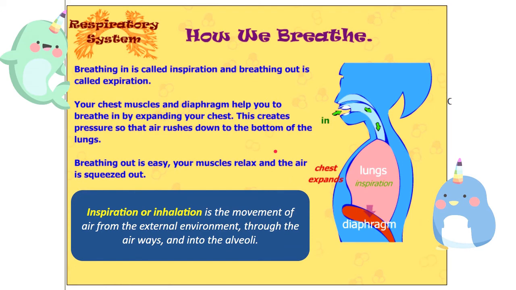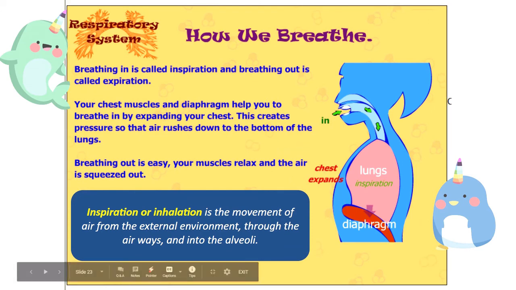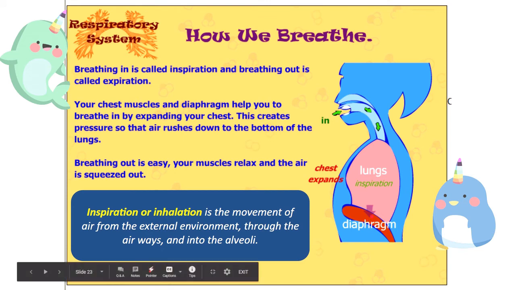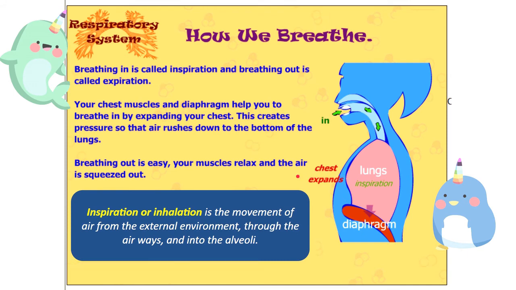So again, a review, this is how we breathe in. The diaphragm helps us in that process. As the diaphragm goes down, the chest or the rib cage expands. It creates a negative pressure, a vacuum-like action that allows air to rush in.